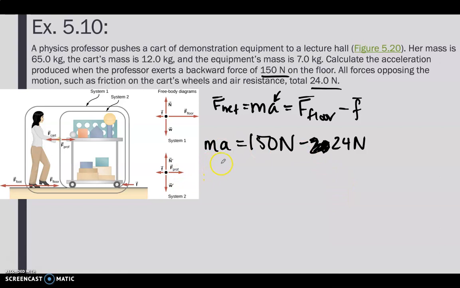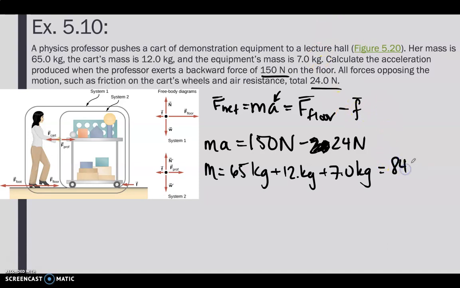And our mass is going to be the total mass here: 65 kilograms plus 12 kilograms plus 7 kilograms. Let me quickly put that into my calculator, and we get the mass is 84 kilograms total.